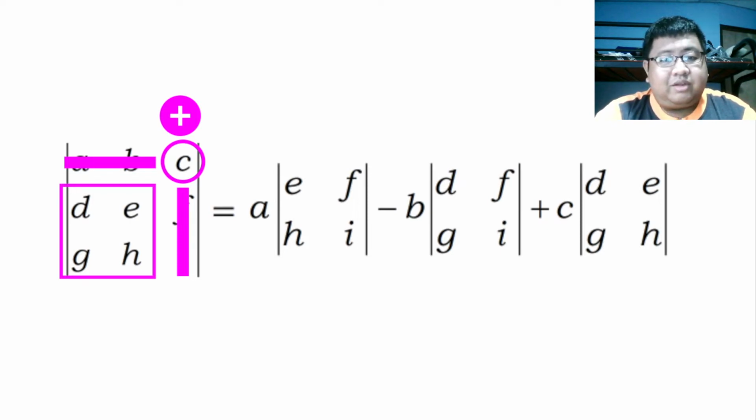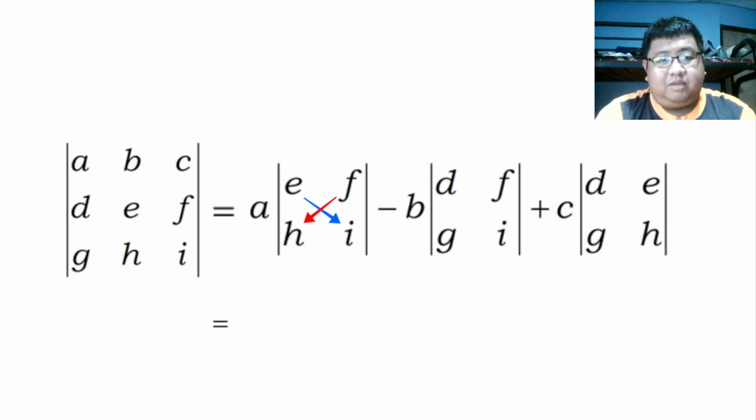So you will see there are three terms, and each term has its own 2 by 2 determinant and its own coefficient outside. How are you going to evaluate this again? Since there are 2 by 2 determinants here, you will just apply the cross multiplications we used in the review earlier.